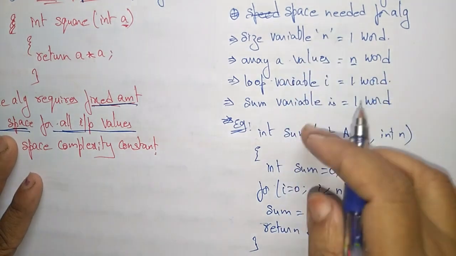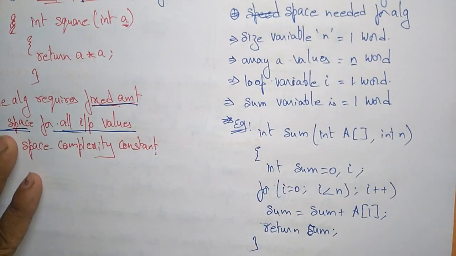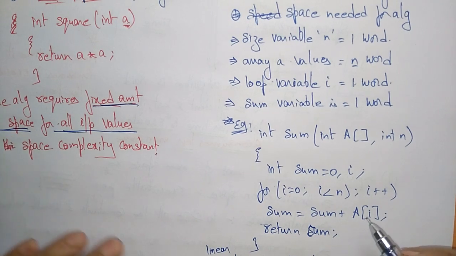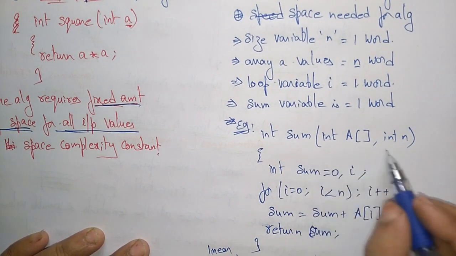So in this example, what is the linear space complexity? Let us see.